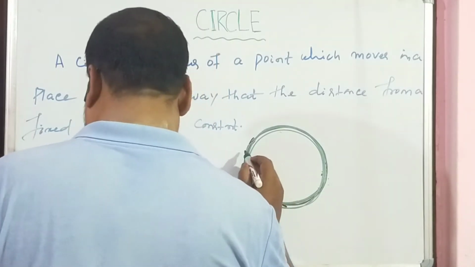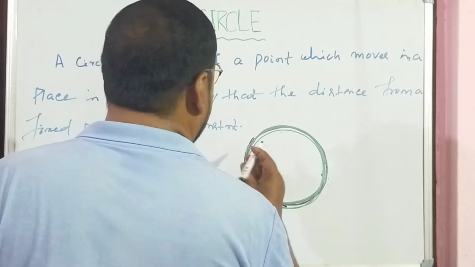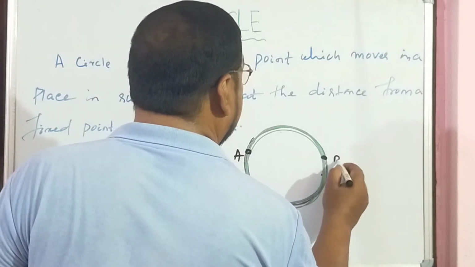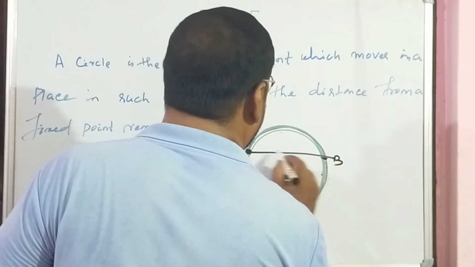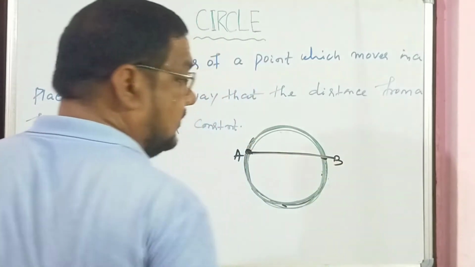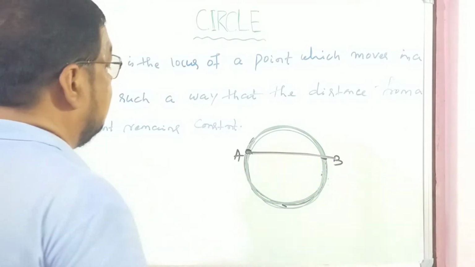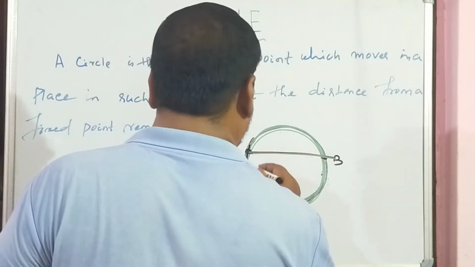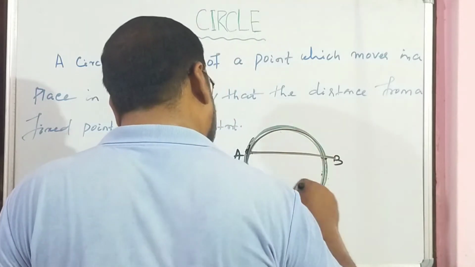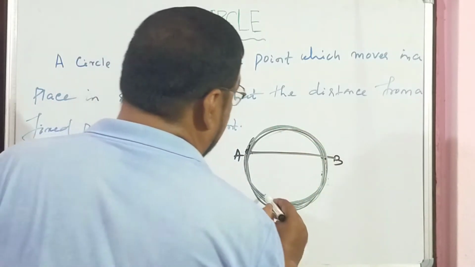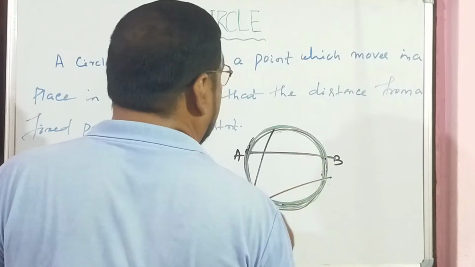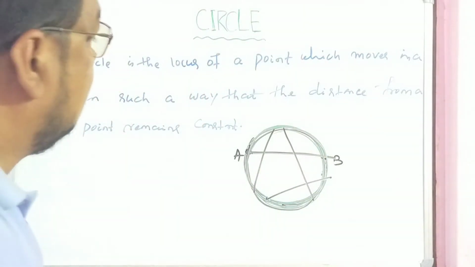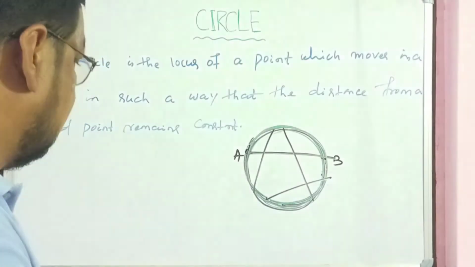Suppose this is a point A and this point is B. If we join these points, AB is the chord. We can draw numerous chords on a circle. This is also a chord, this is also a chord, any 2 points. If we join any 2 points on the circle, that line segment is called the chord.